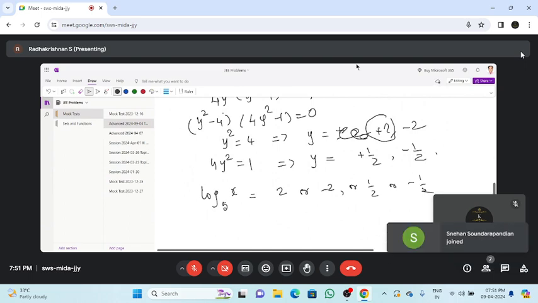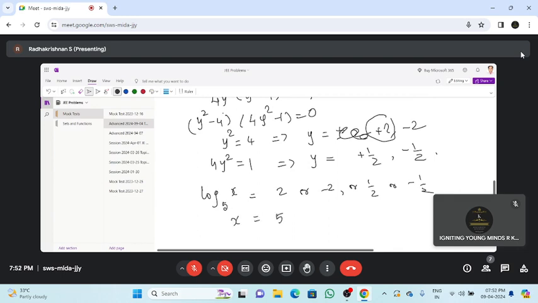Sir, 25, 1/25, root 5 and 1/root 5. Okay. That means x equal to 5 square or 5 power minus 2 or 5 power half or 5 power minus half.